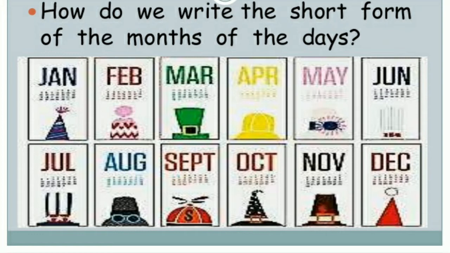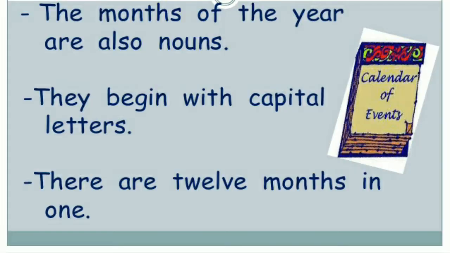Next, the months of the year are also nouns, so they begin with capital letters, and there are 12 months in a year. Children, you all understand that the months of the year are also nouns and begin with capital letters.